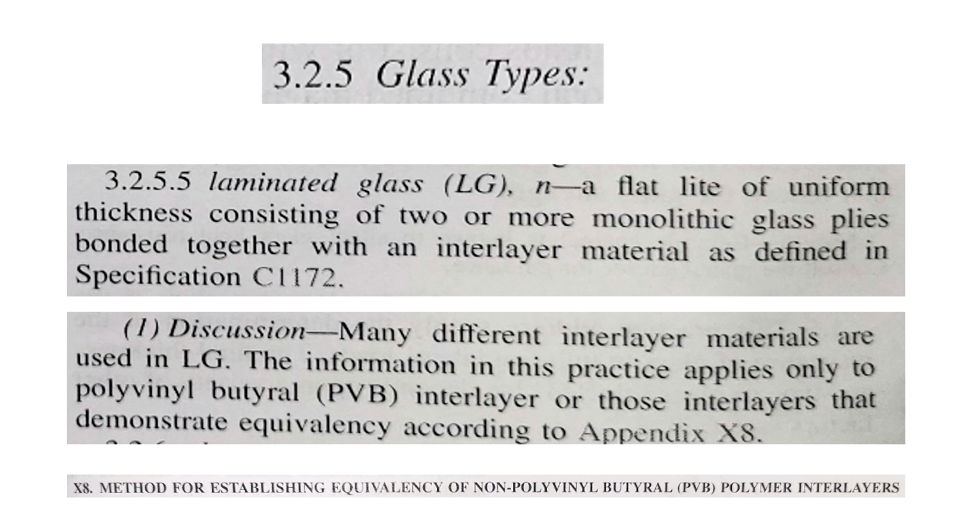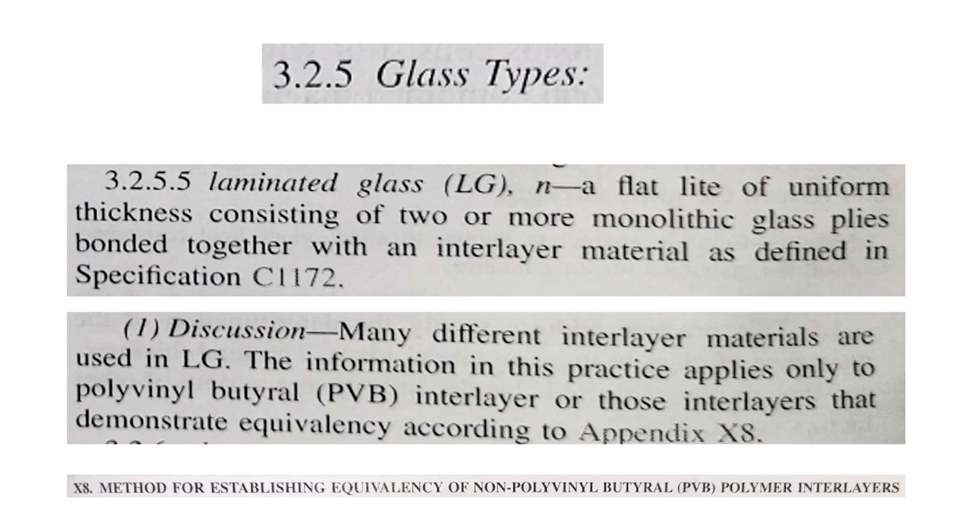And whenever they mention an appendix, I like to take a look. So basically what they're saying is there are other materials that are equivalent to the PVB, and in Appendix X8, that's where they tell us all about it. And that is at the top of 63, and they have a method for establishing that equivalency.